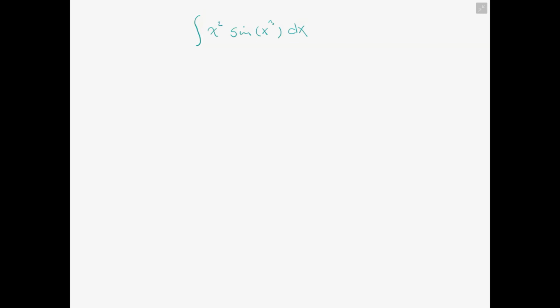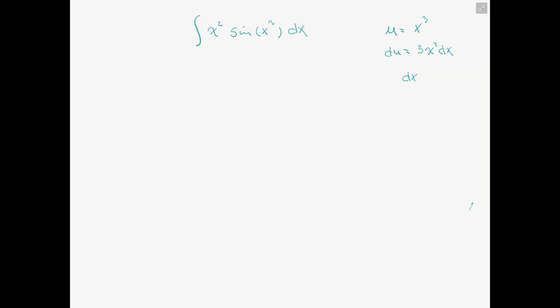Well, this isn't too different from what we've done before. We make a substitution. U equals x to the third, du equals 3x squared dx. Well, we have the x squared dx, but we don't have the 3.